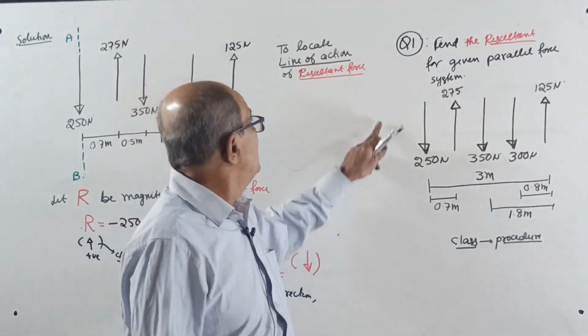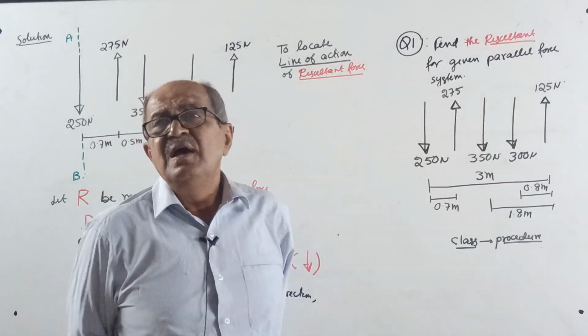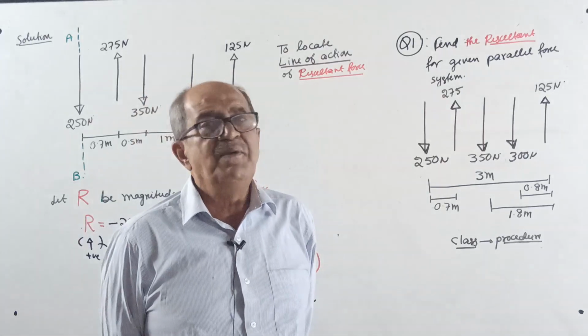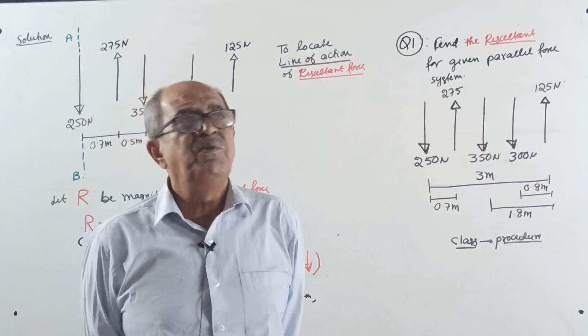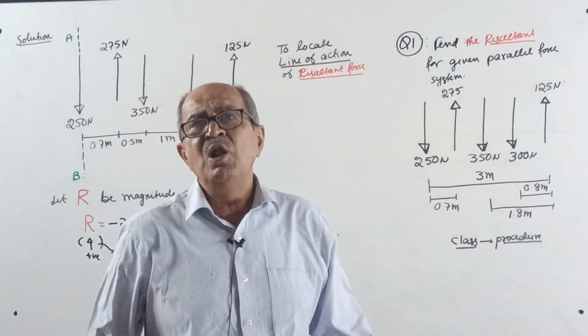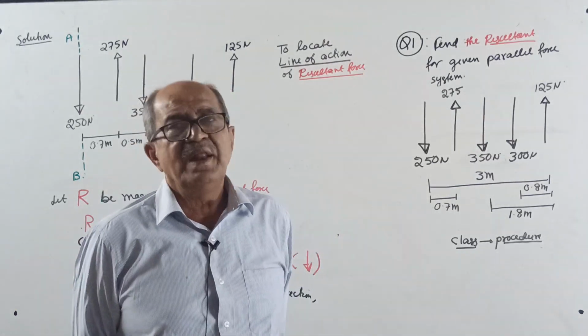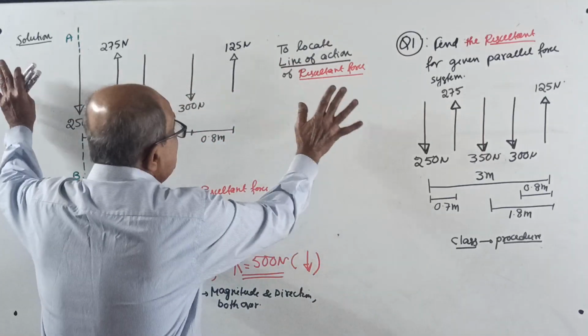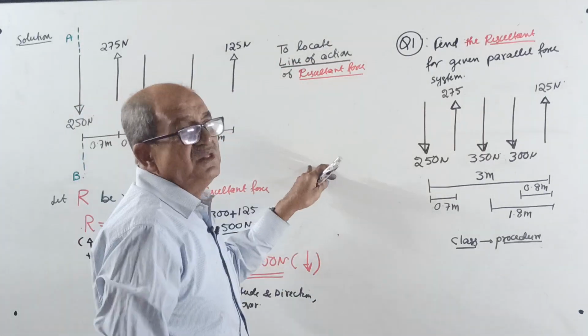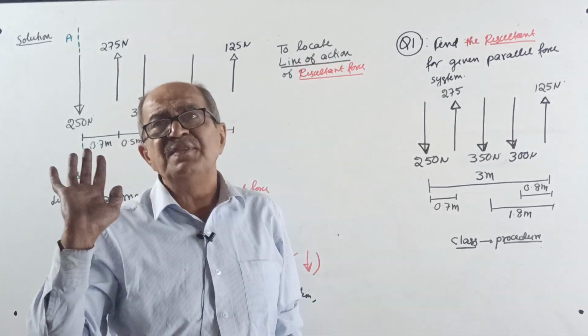Those things are required later when you go for center of gravity, or for parallel force systems like moving loads where all loads are downward. All that theory I will not cover here. Here I am covering the basic concept. In the notes I will write everything.